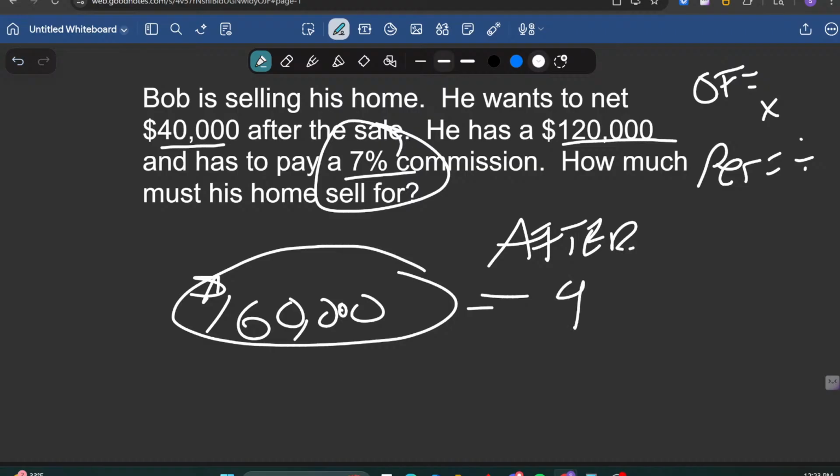So think about this. 93% of, which is multiply, that unknown number, which is what the home must sell for. And we'll let that be X because, in math, we usually give letters to different numbers that are unknown, X, Y, Z, things like that.